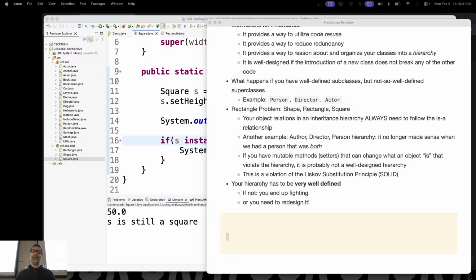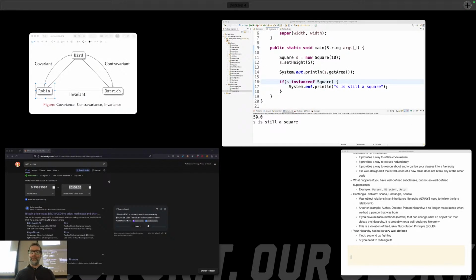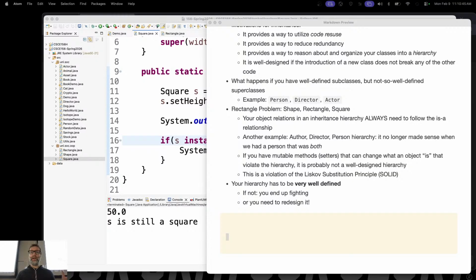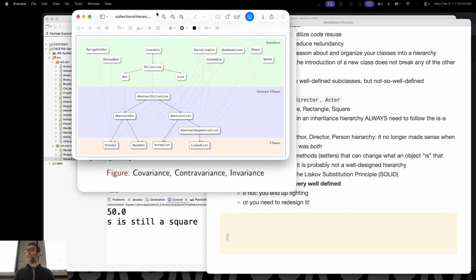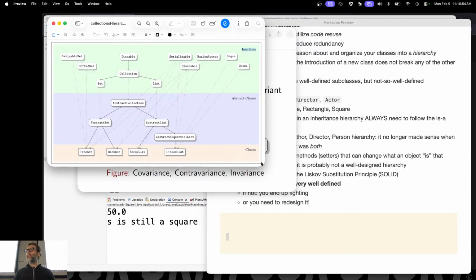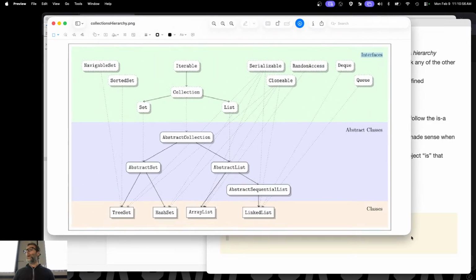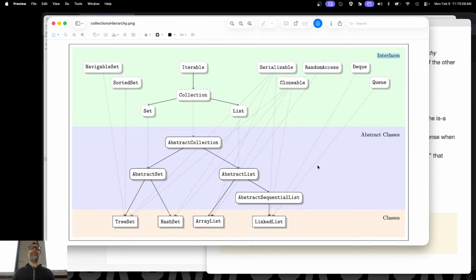For example, when they created the Java collections hierarchy, a list, a set, a map, all those kinds of things, right? They really thought about the design, and this is just a small sample here of what it looks like. We'll talk about this in more detail later on with interfaces and abstract classes, but this was a well thought out hierarchy.